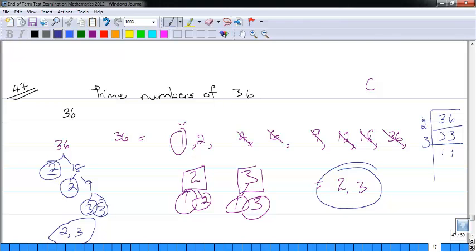Our factors would be 2 and 3. So the prime factors that we used were 2 and 3.